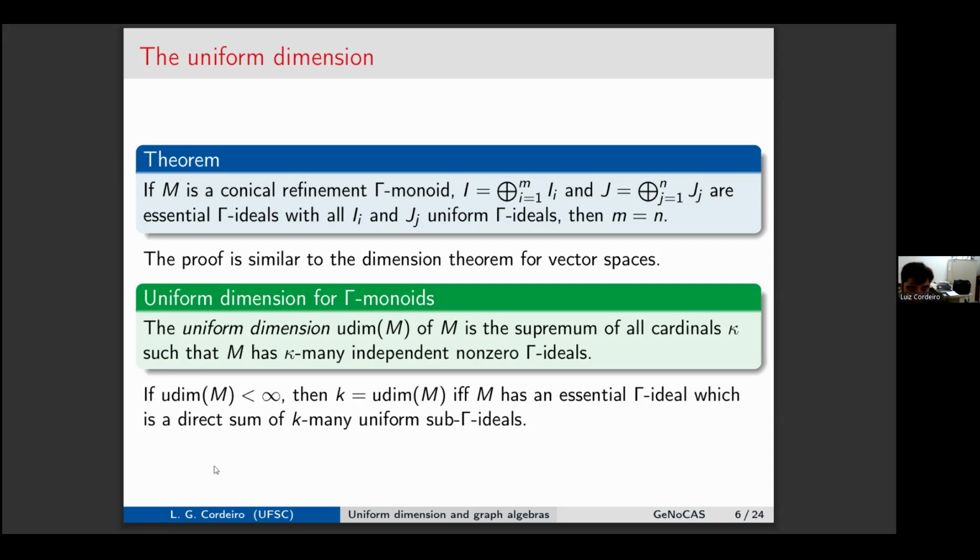Yes. So in this setting, we could have instead defined the uniform dimension of a gamma monoid as the number of uniform factors in a direct sum which is an essential ideal of M. However, the definition in green here is a bit more general because we can differentiate different infinite dimensions, and actually, it's not too hard to show that all infinite cardinals can be realized as the uniform dimension of an appropriate gamma monoid.